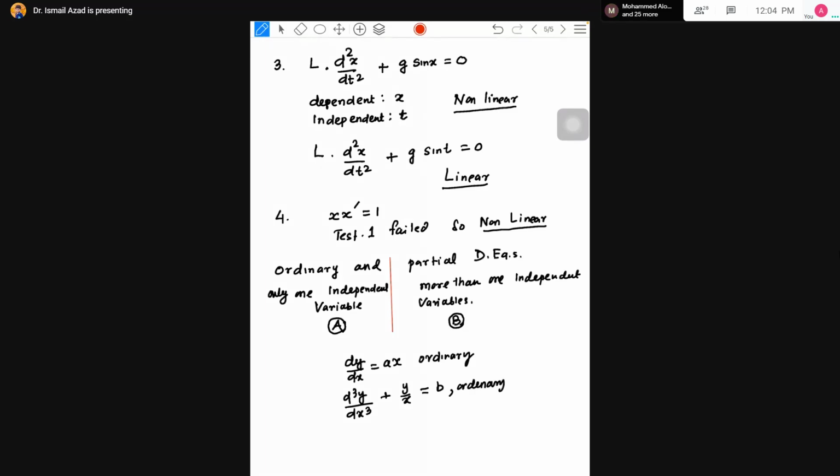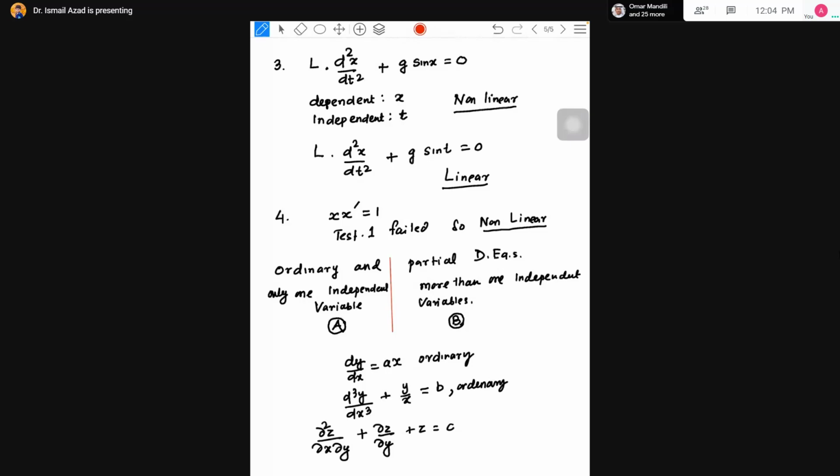Now comes to here. How many independent variables? Two. Who are they? x and y.